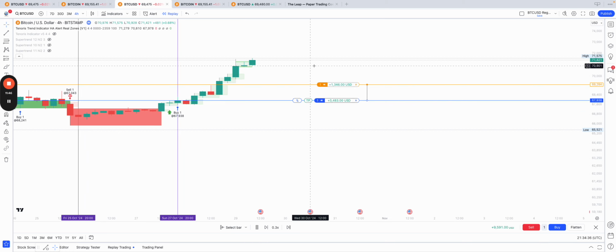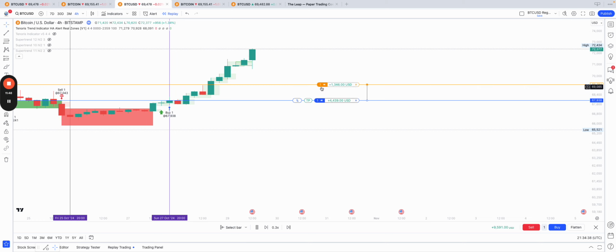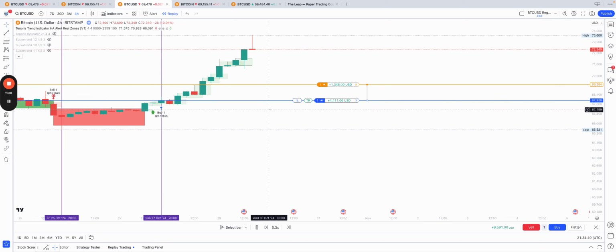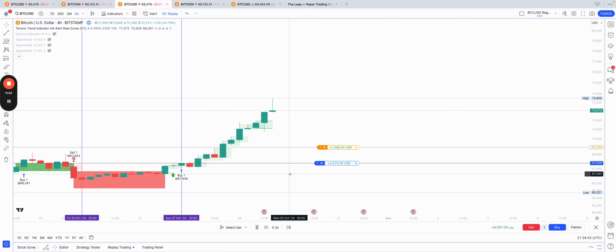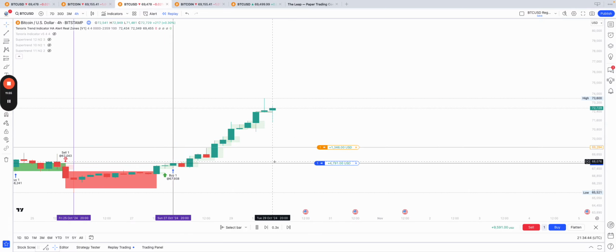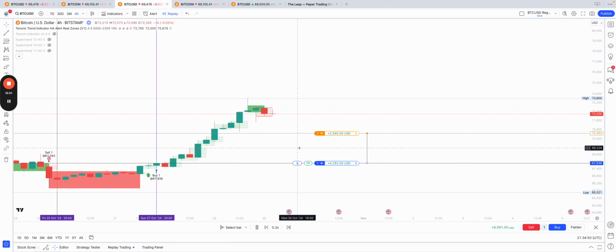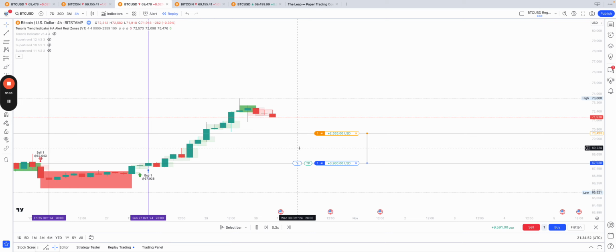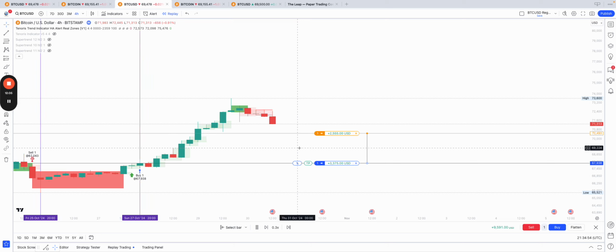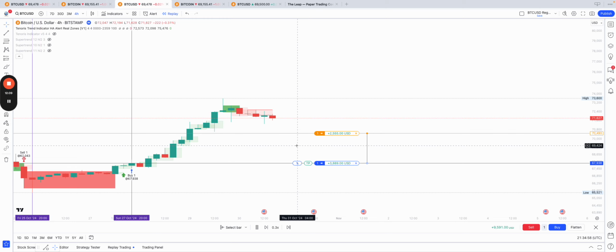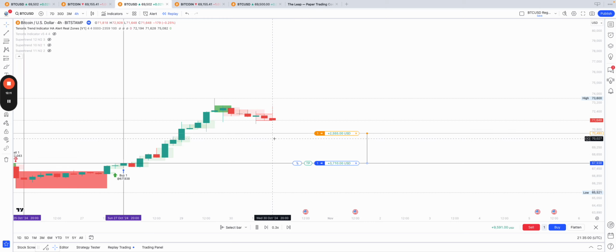We're on the 29th here. Looks like we're getting a big run. It was the 30th.